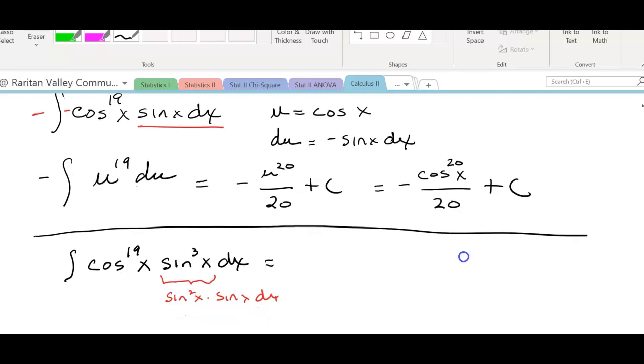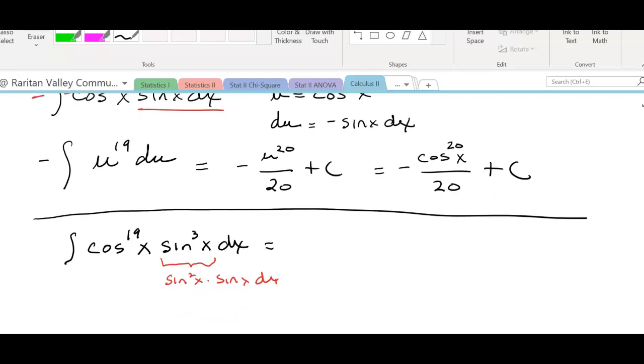All right, well, that's not too bad. I can get a sine by itself by just breaking up sine cubed into sine squared and just sine. But that won't work unless this sine squared is actually in terms of cosine.